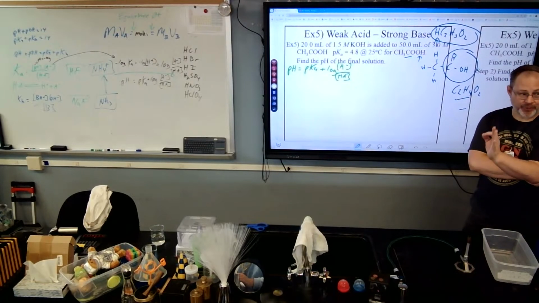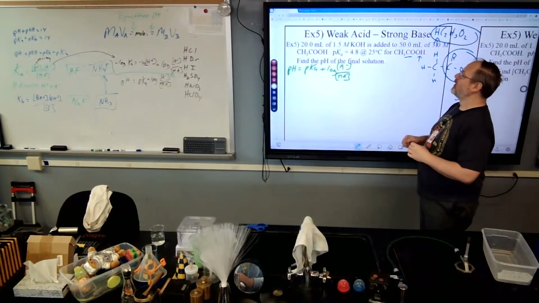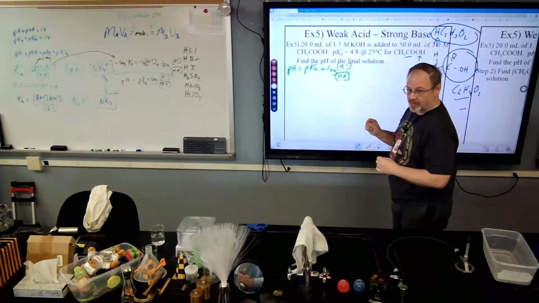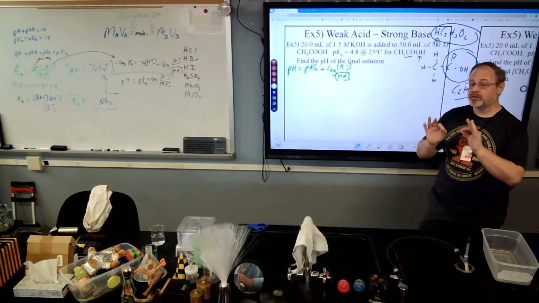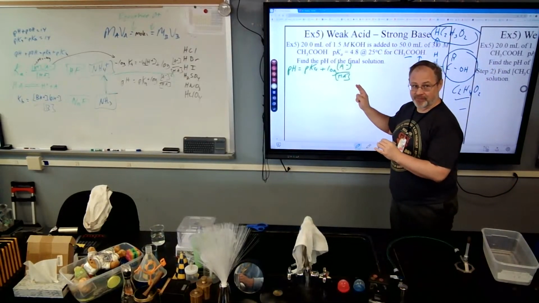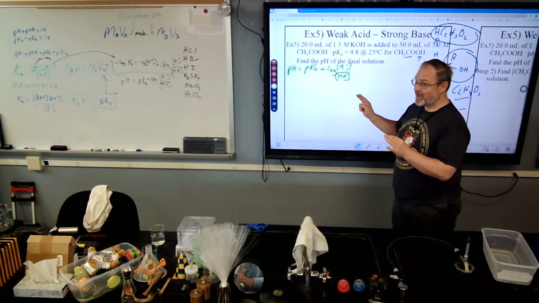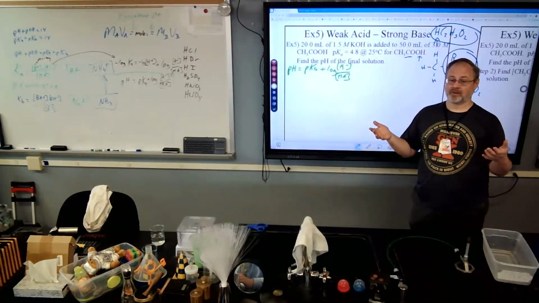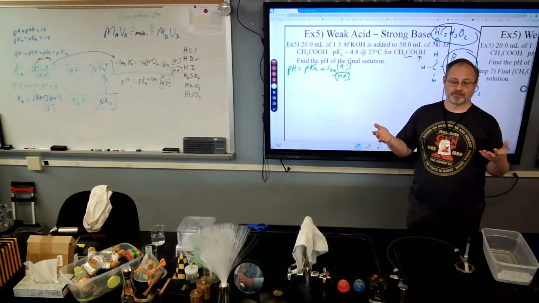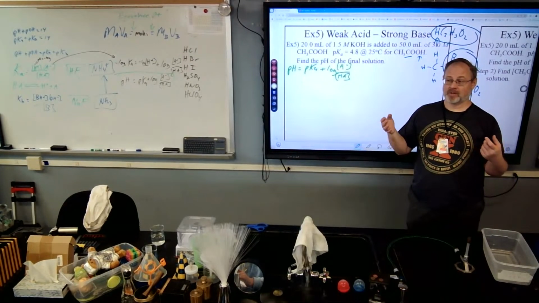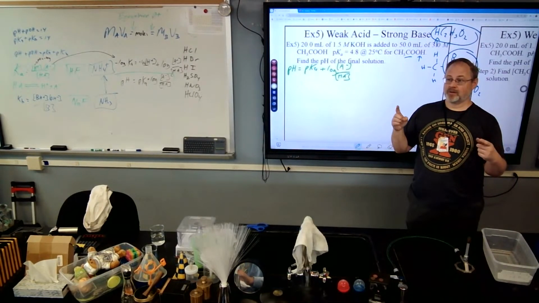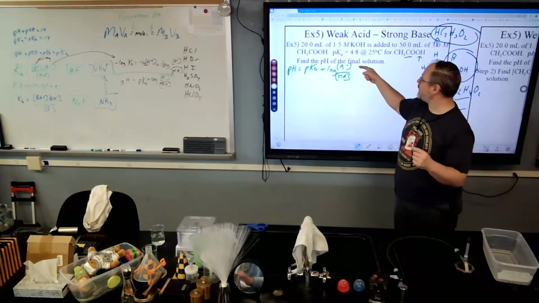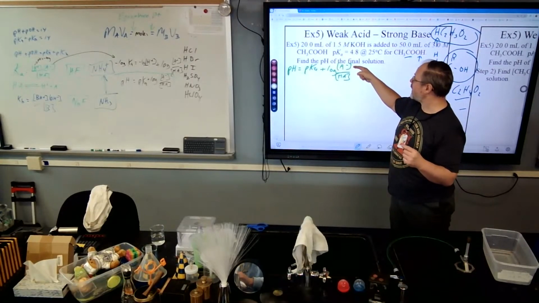And here's the trick. There is going to be an equal number of A minus as OH minus. Why is that? Oh, because it's at equilibrium. Yes, but why is it that there's going to be an equal amount of A minus as OH?